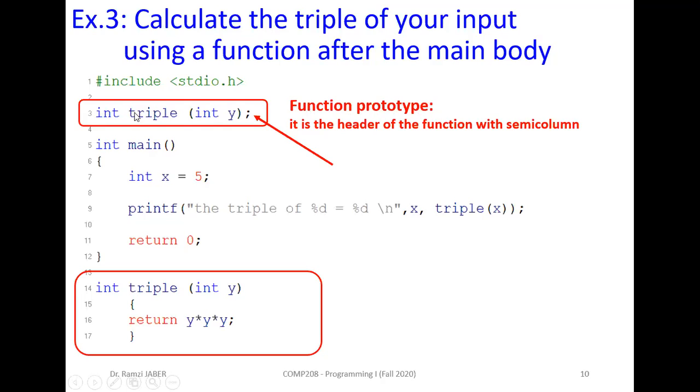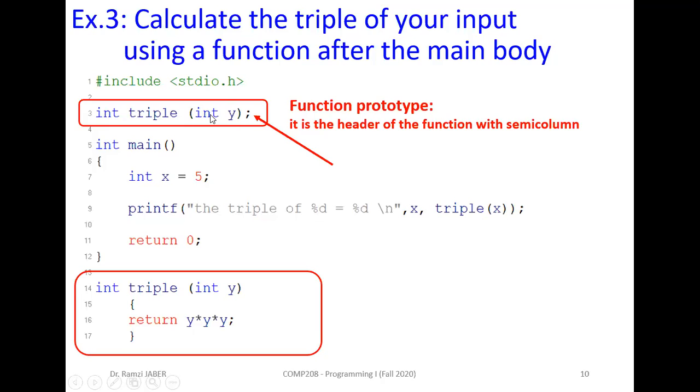Your function, type integer, name triple, gets one input, one argument, has one input or one argument or one parameter. For this function, you declare three things. Type of your function integer, name of your function triple, and declare the inputs here.